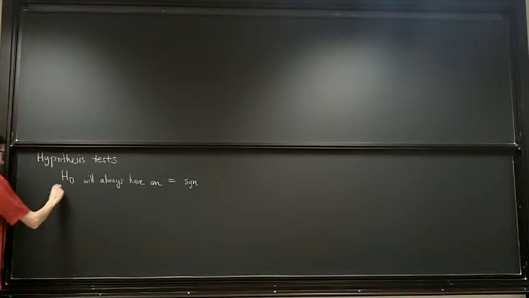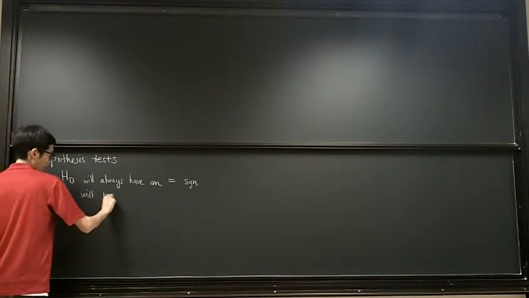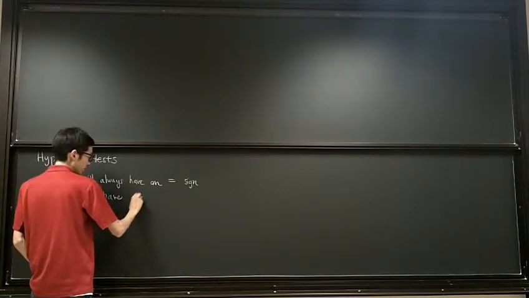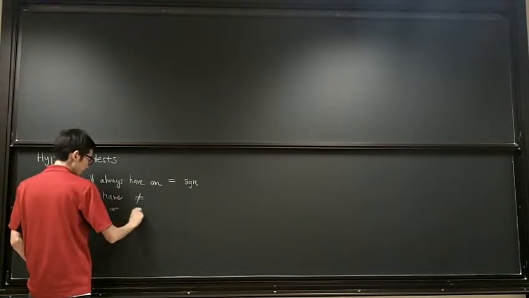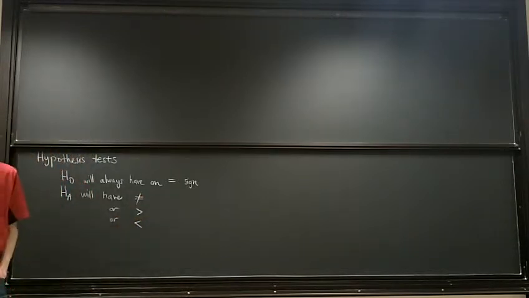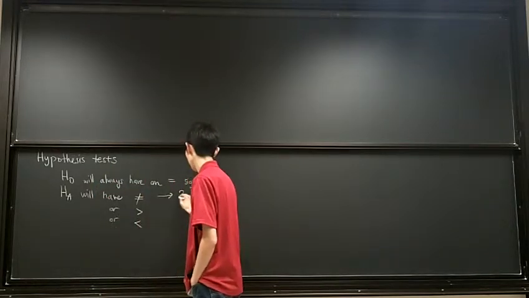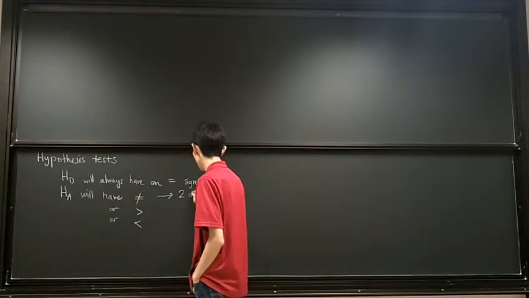And then the alternative will have not equal or greater than or less than. Okay. Not equal means you have a two-sided or two-tailed test.